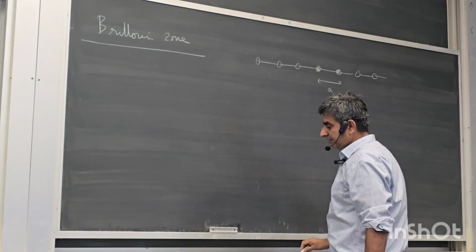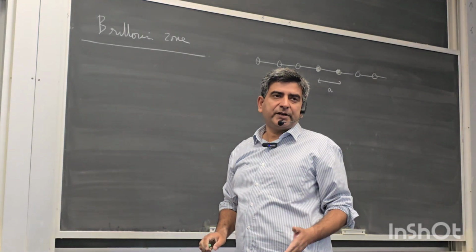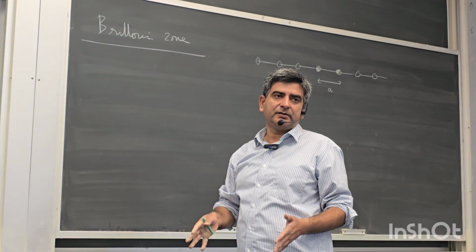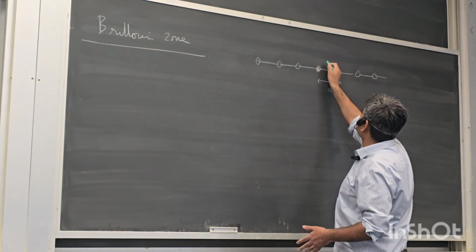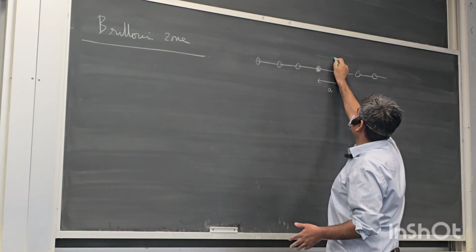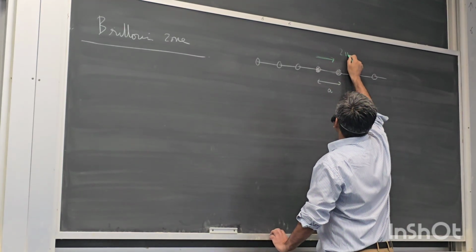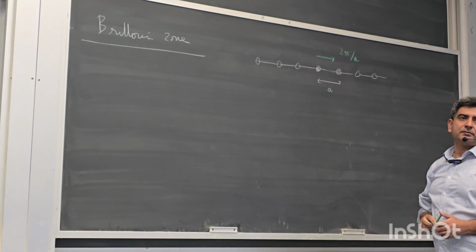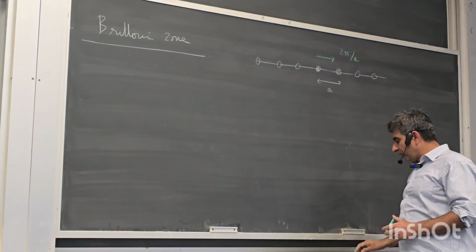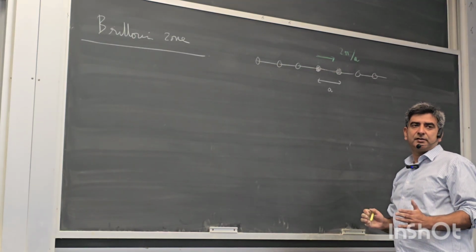I know that my first Brillouin zone extends from minus pi over a to plus pi over a. This is my reciprocal lattice vector, pointing in this direction, which has a length 2 pi over a.